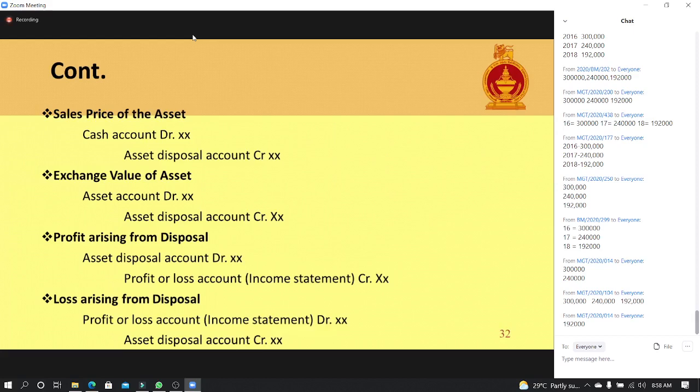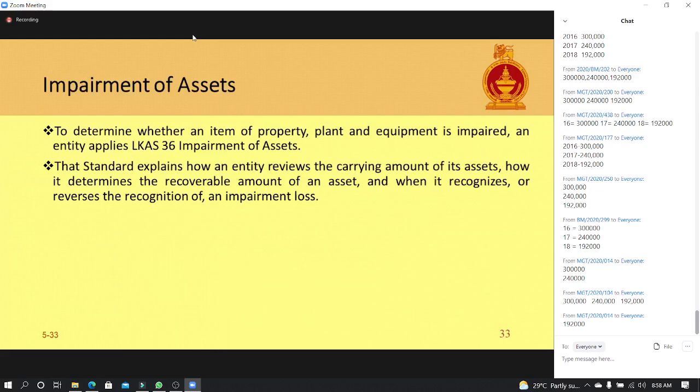So impairment of assets. To determine whether an asset, an item of PPE, is impaired, an entity applies LKAS 36. So the standard explains how an entity reviews the carrying amount of its assets, how it determines the recoverable amount of an asset, and when it recognizes or reverses the recognition of an impairment loss.